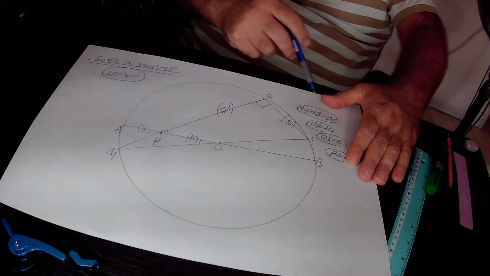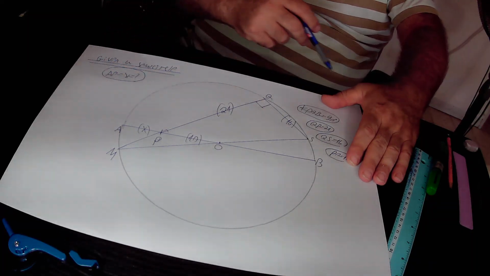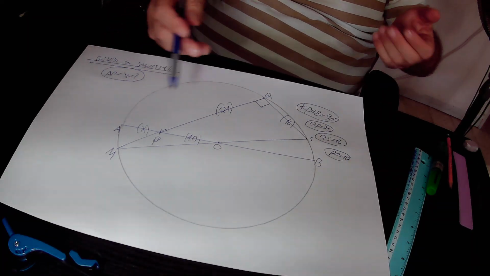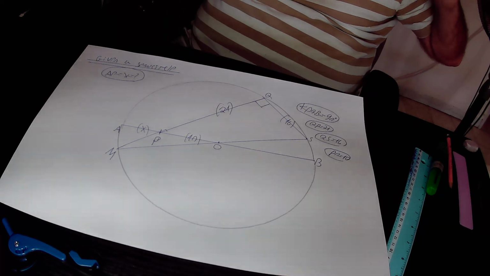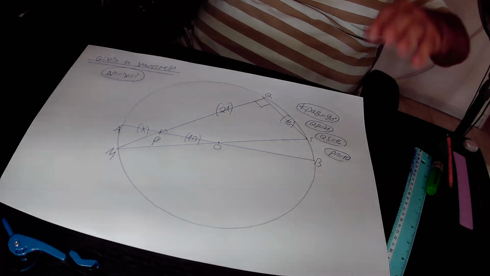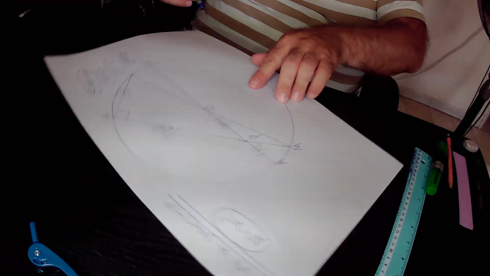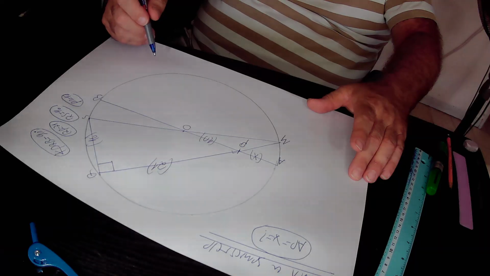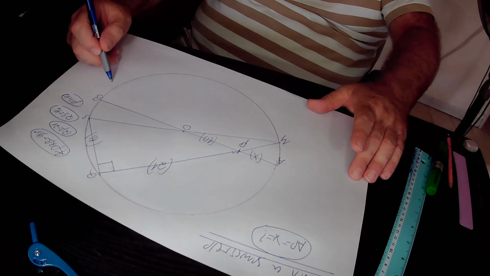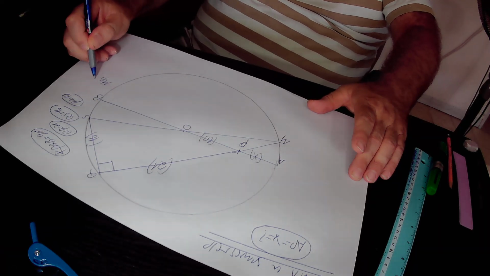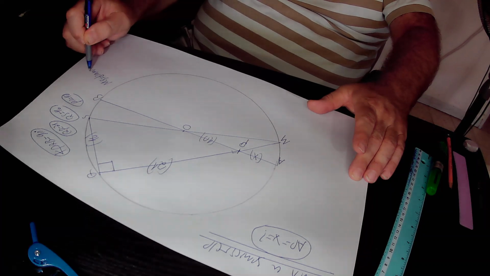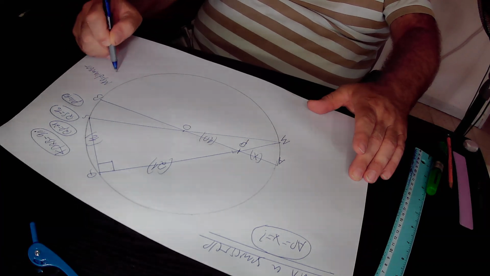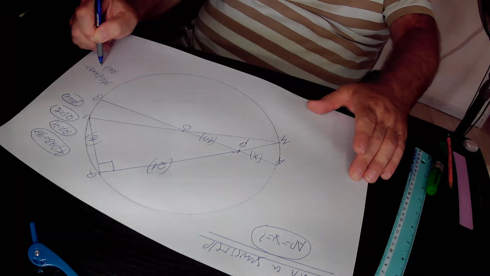Peripheral angle MQS subtends MS, and therefore according to rule 5, MS must be the diameter of this circle. So we found out that chord MS is the diameter of this circle according to rule 5.